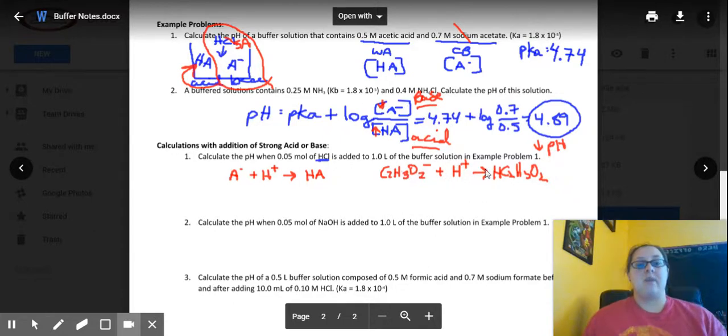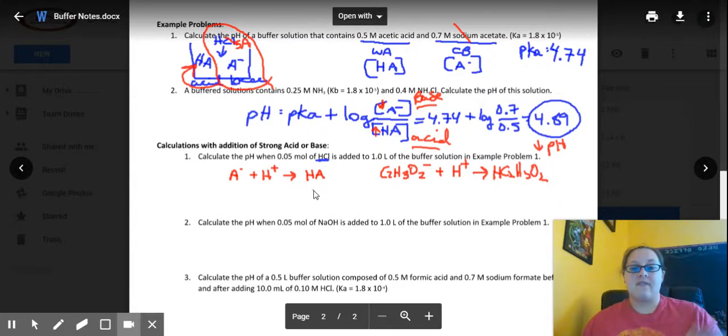So this would be the actual net ionic equation that is happening here. Again, if you get in a hurry, you can just do this. That's totally fine. In order to write this reaction, you need to understand conceptually that when a strong acid's coming in, strong acid reacts with base. So therefore, I'm going to form more HA.